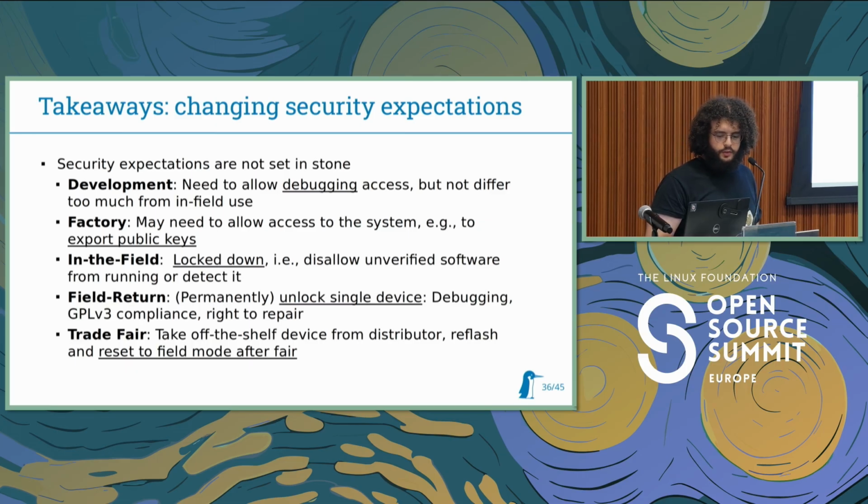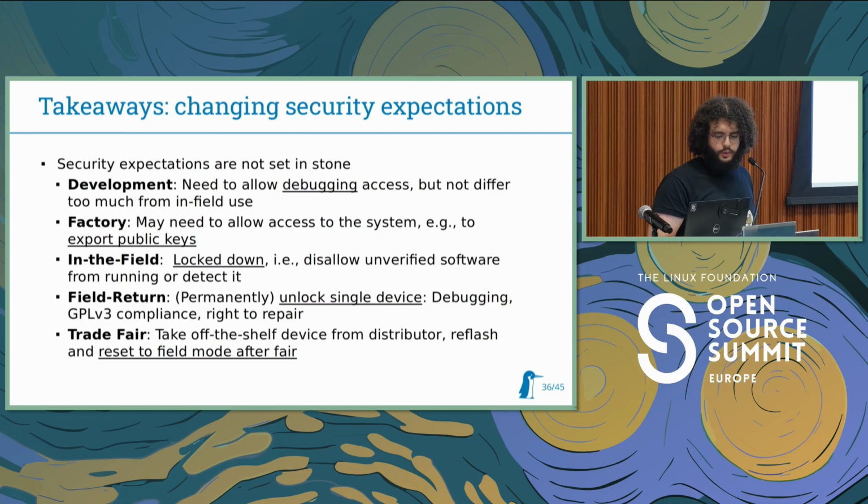There is a field return: if a device that was secure booting comes back from the field broken, you need to inspect it, you need to unlock it somehow. If you want to allow the owners of the hardware to really unlock their device and flash their own software, you also need a way to unlock this particular device for them.